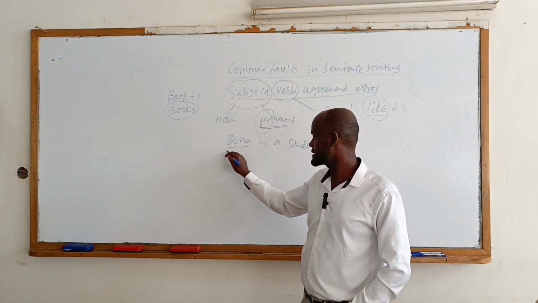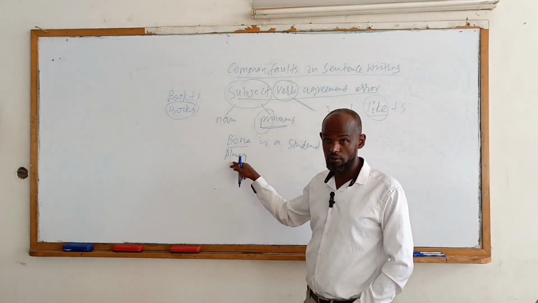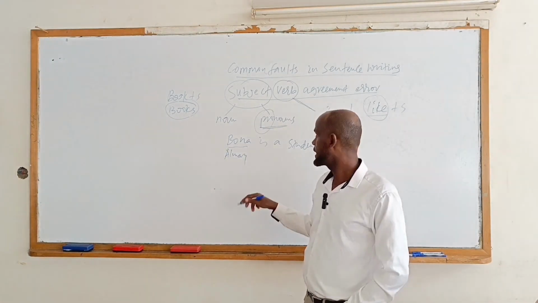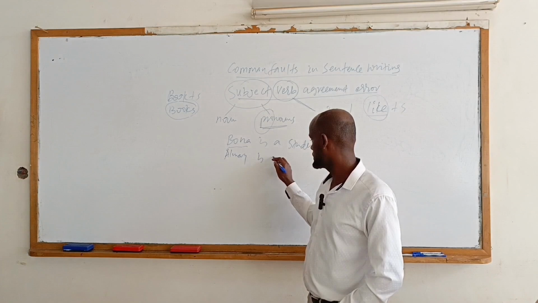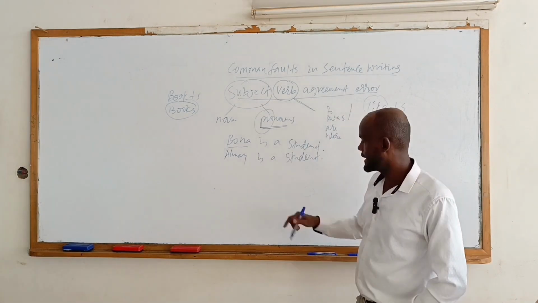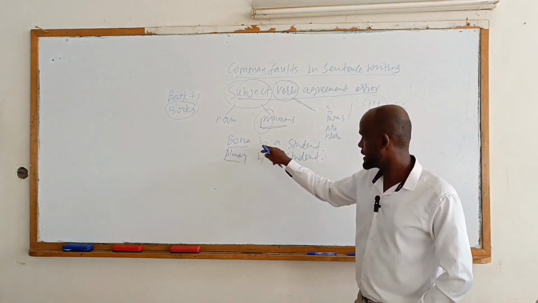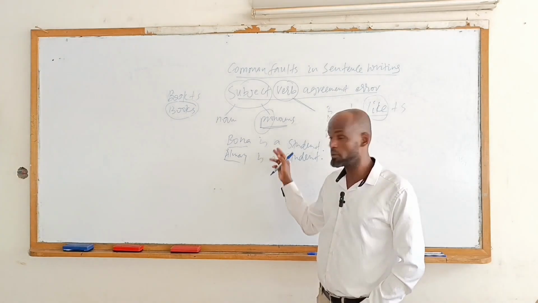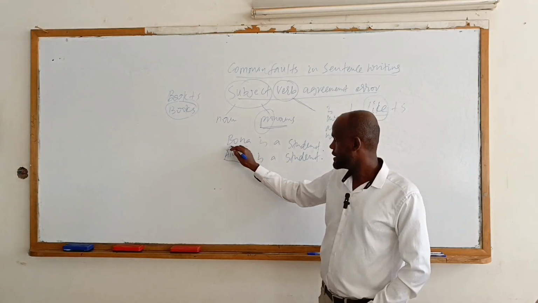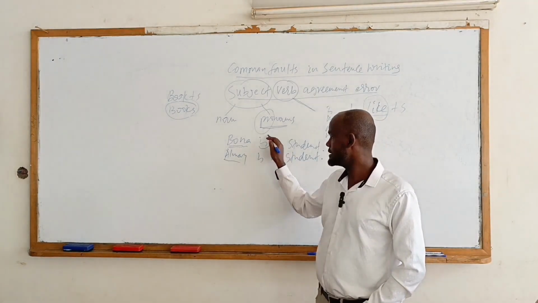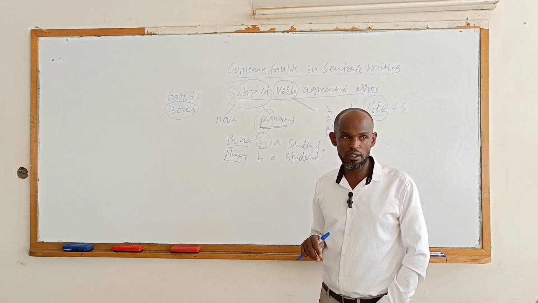And Almaz, this is also a noun, singular. Okay, Almaz is a student. Now, Bona is a student. Actually, we are starting from a simple example. Bona is singular, and is as a verb is singular.